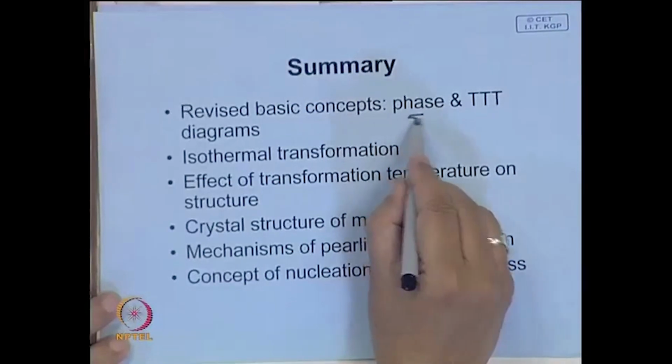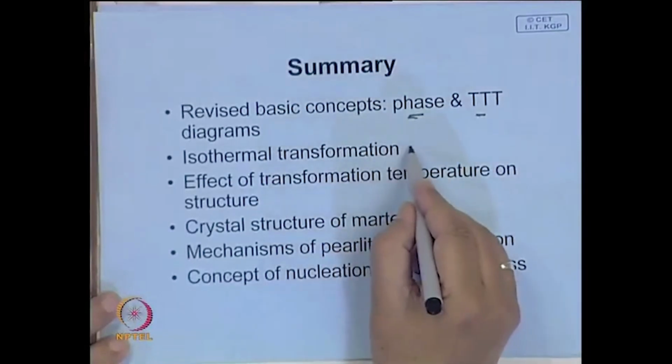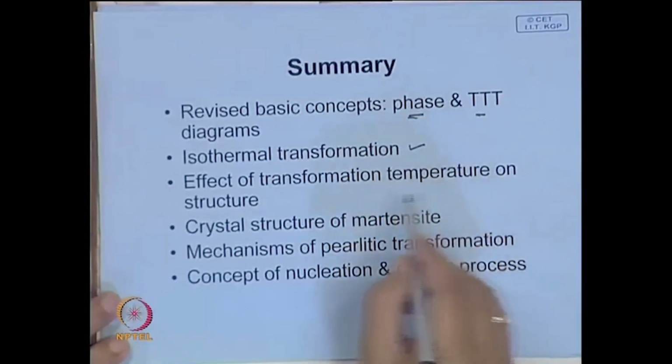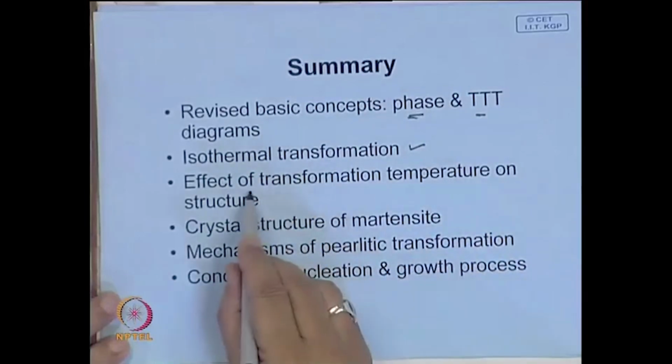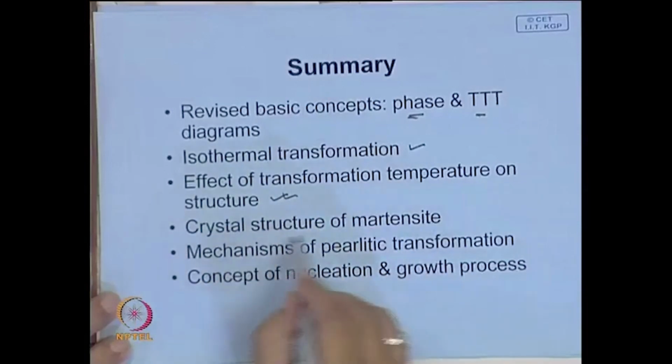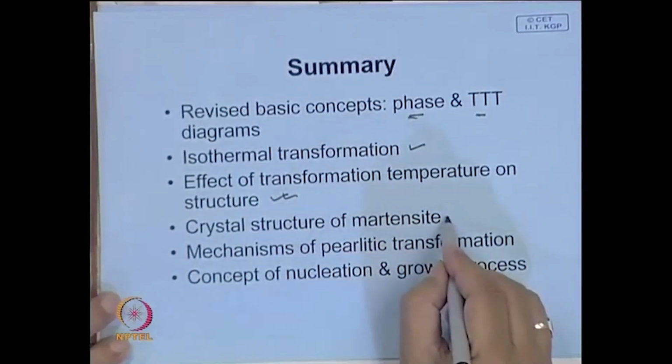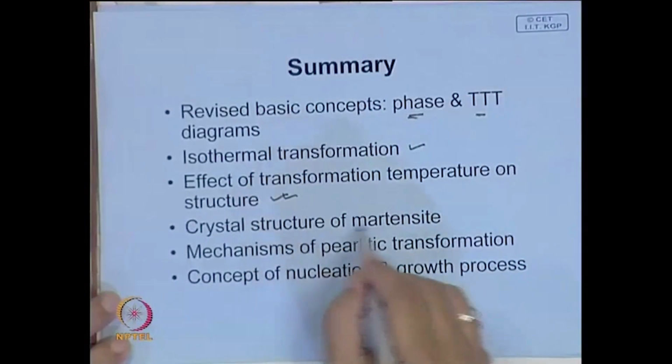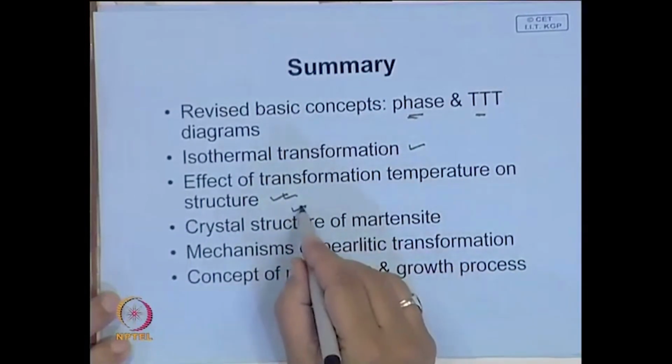So, with this we stop over here. What we did today is we revised some basic concepts of phase diagram and TTT diagram. We looked back at isothermal transformation, and we looked at the effect of transformation temperature on the structure. We also tried to derive what should be the crystal structure of martensite.